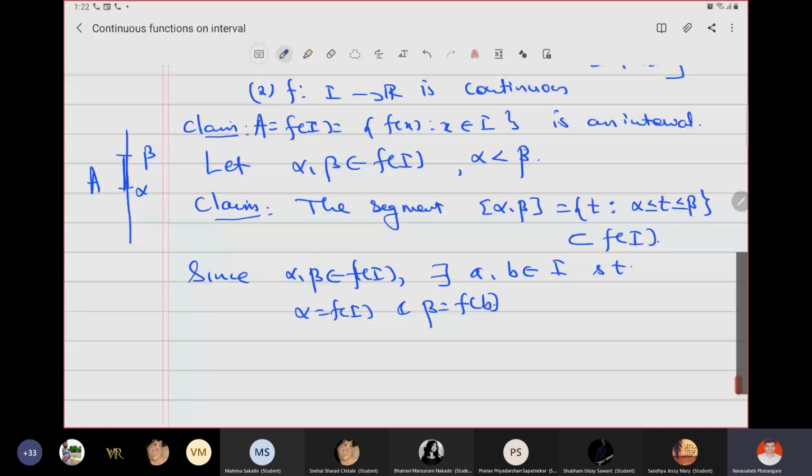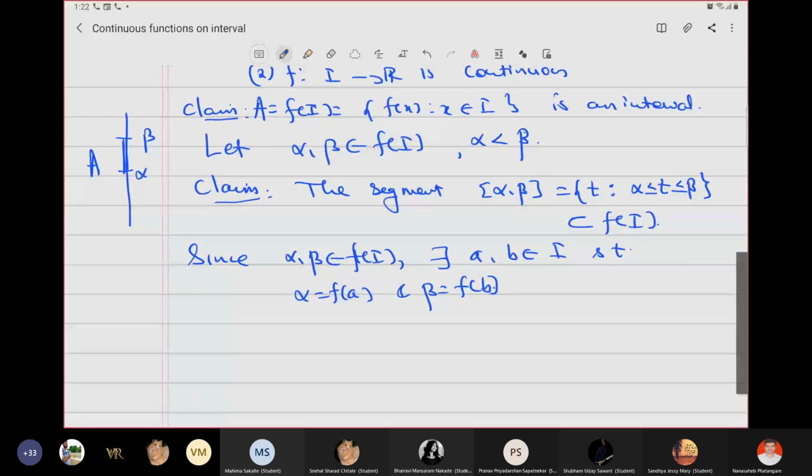So alpha is the image of a and beta is the image of b. Do you agree?